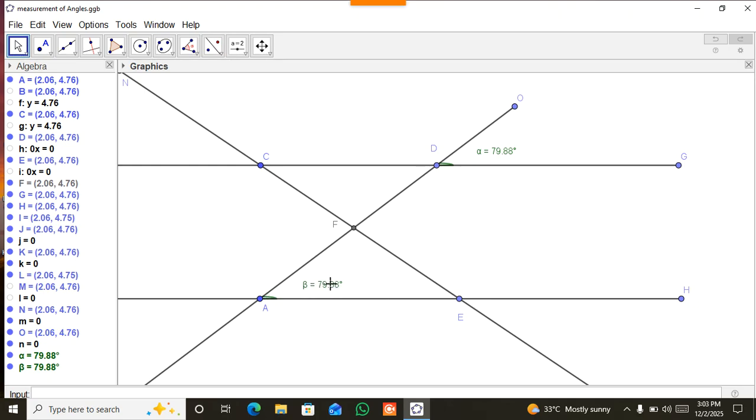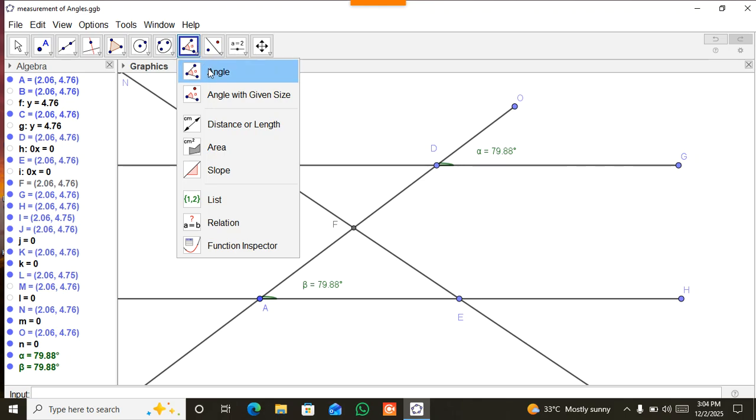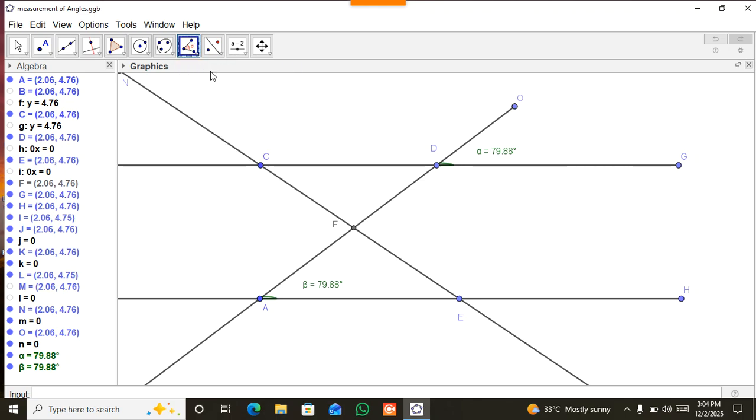Good. So I want to measure the angle at D here, that's angle CDF. So meaning that I'm going to click on the measure angle icon. Then these are the points C, D, F that form the angle here.